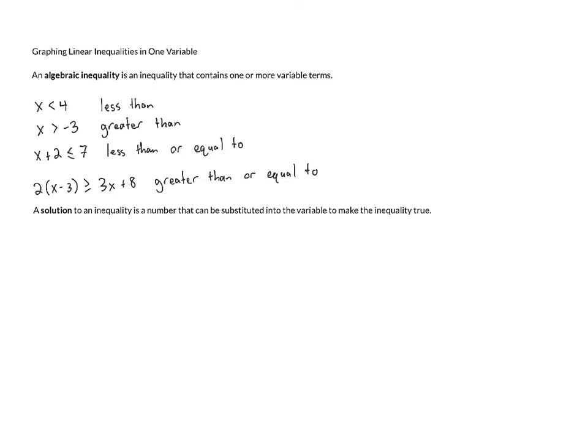And a solution to an inequality is a number that can be substituted into the variable to make the inequality true. It's very similar to a solution of an equation, but we're going to see things a little bit differently here. And we're actually going to make a table to look at various inequalities and their solutions.